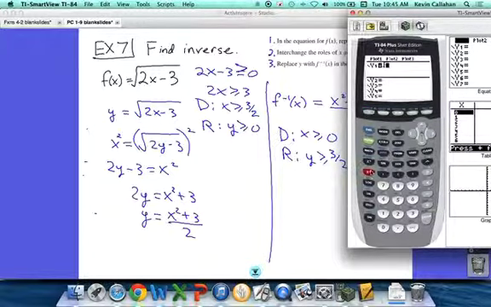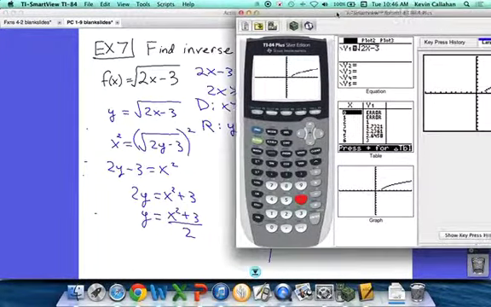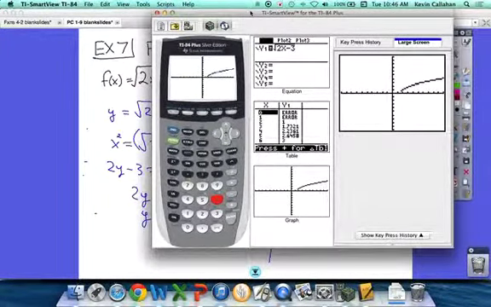Second, square root, 2x minus 3. Graph. Okay, you see the big graph right there. It's pretty much what we would expect it to look like. It's a radical. It's been shifted to the right because of that.